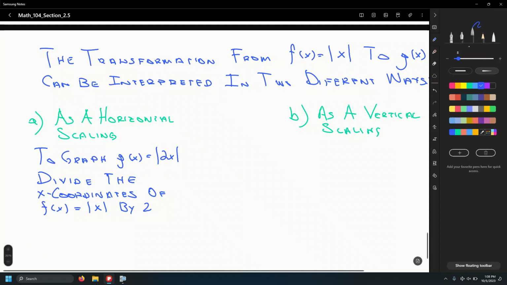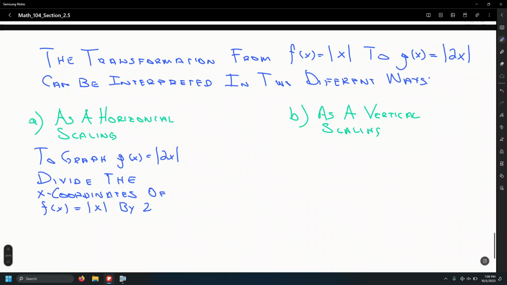So g of x equals the absolute value of 2x, and that equals the absolute value of 2 times the absolute value of x. But what's the absolute value of 2? Isn't that just 2? All right, so that's g of x equals 2 times the absolute value of x.